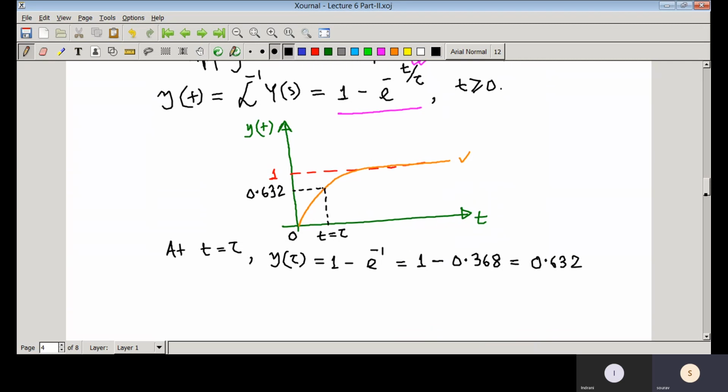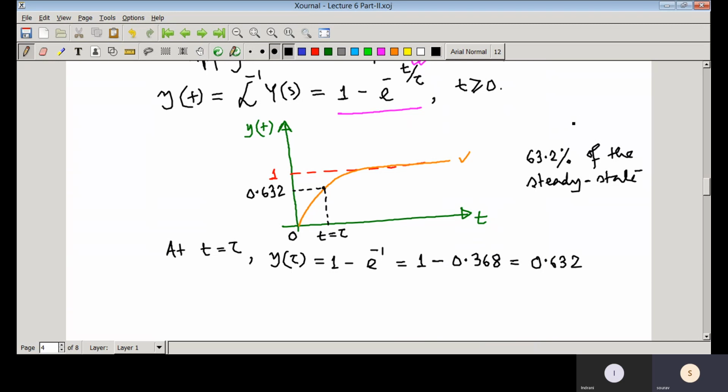So I hope you all know that the time required to reach 63.2% of the steady state. I'll be discussing these things in detail later.